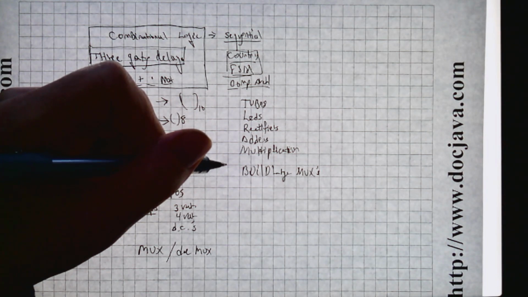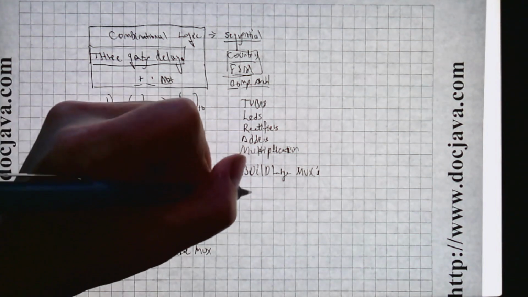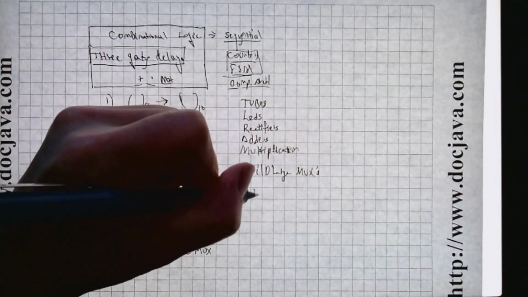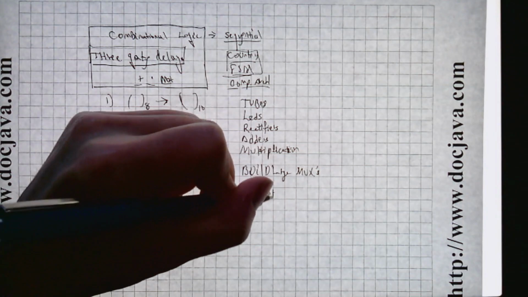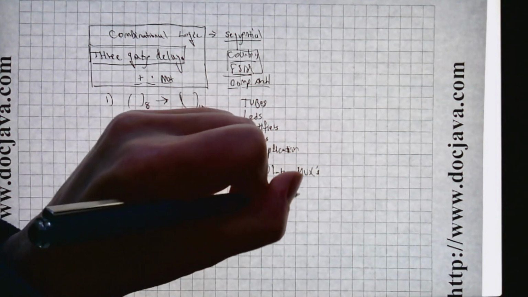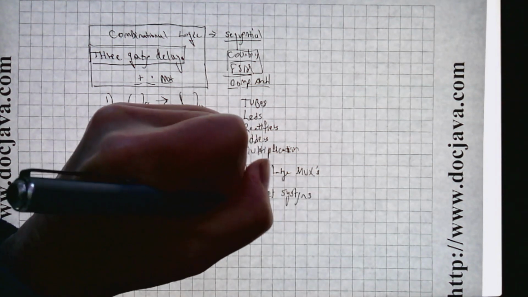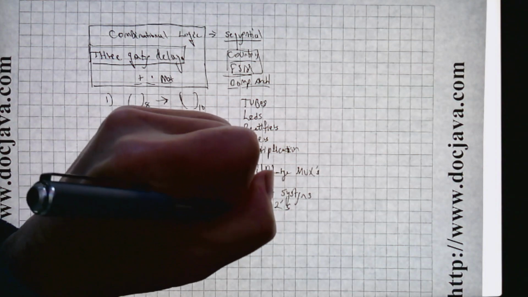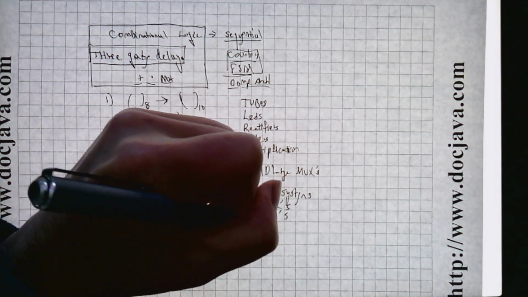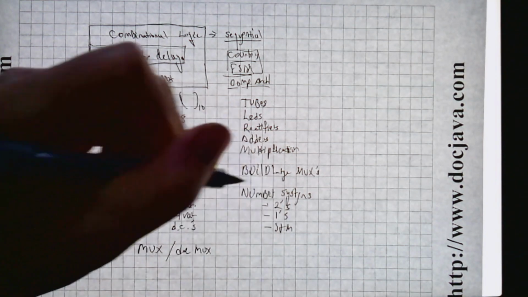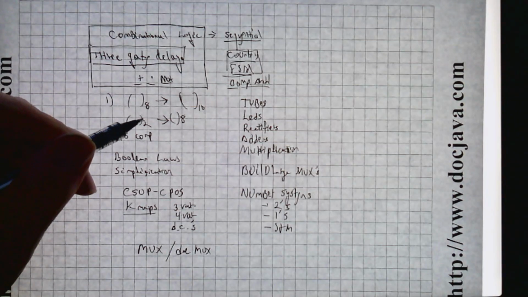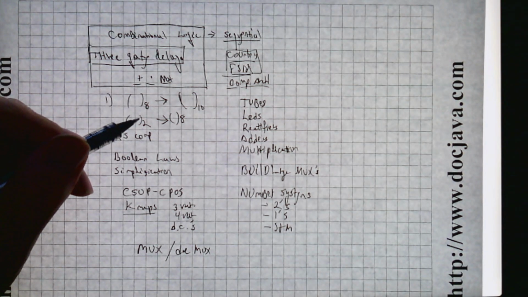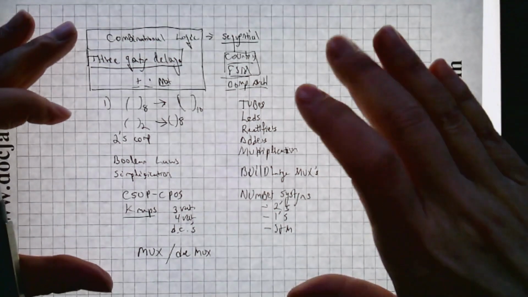More laws, more laws. I'm just scrolling through now. Oh, number systems. So that would be 2's complement, 1's complement, and sign and magnitude. And that's it. That's the whole thing.